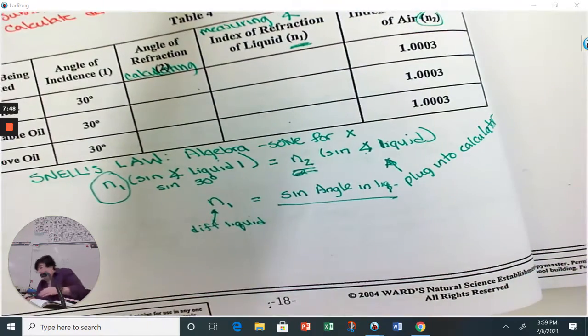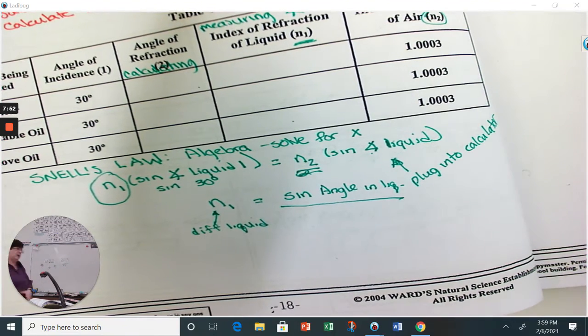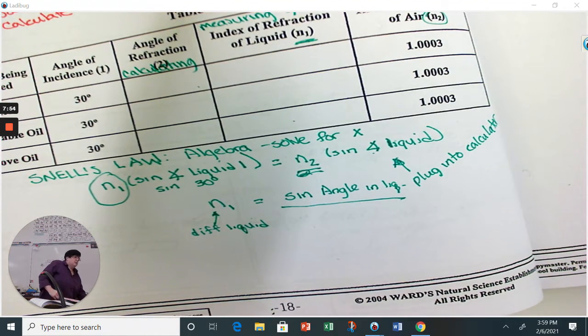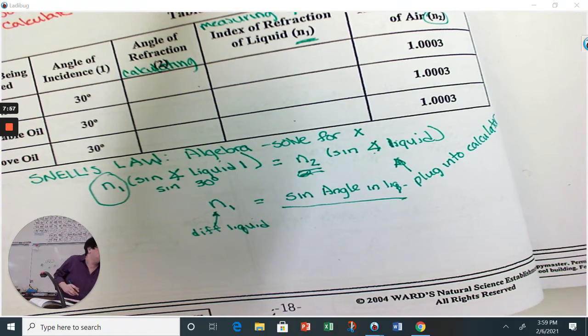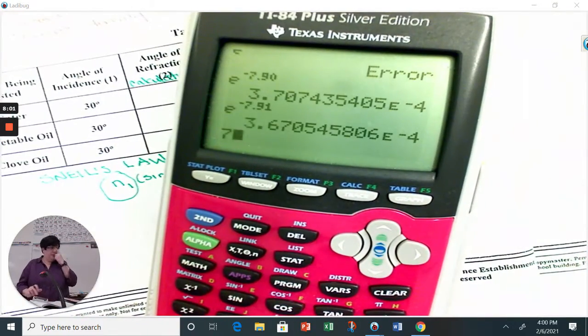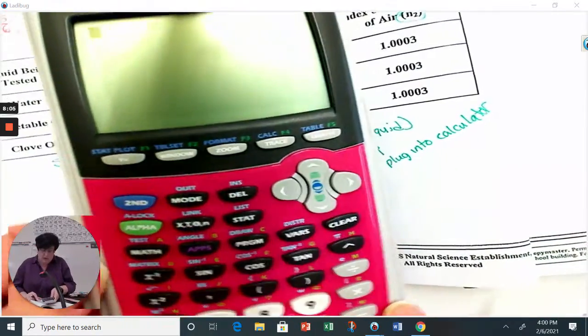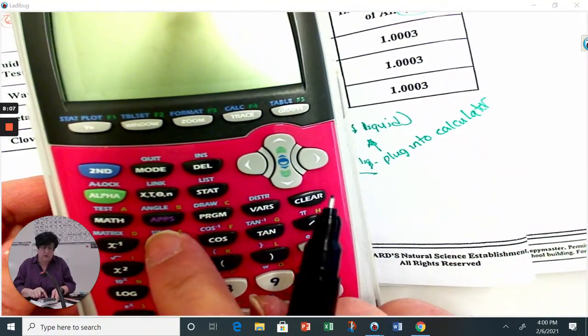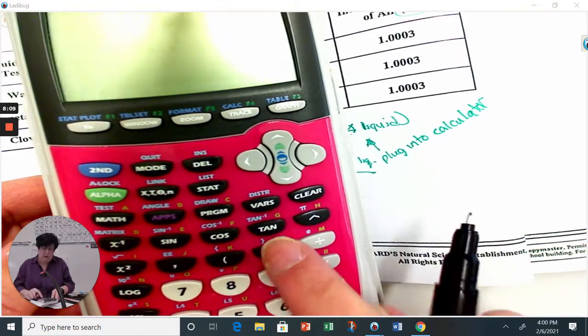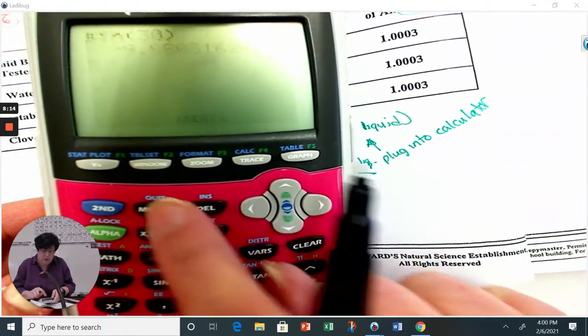Oh, my calculator fell on the floor. I forgot. Oh, where did I put it after I picked it up? So I have my calculator, and I'm clearing out what's there. Okay, here's the sine function. So I'm going to say sine 30 and hit enter. Oh, that does not look right. So I have to look at my mode.